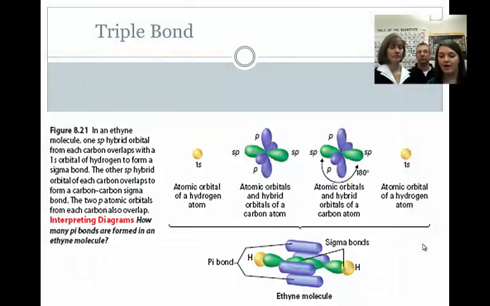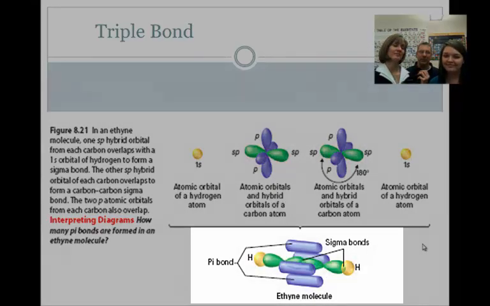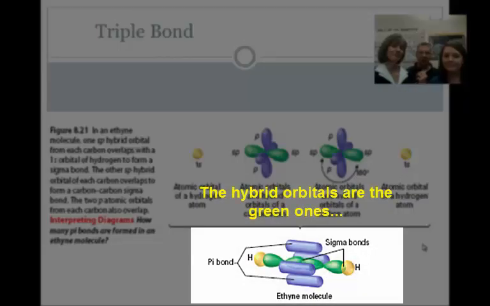It's very difficult to imagine in three-dimensional space, but you have the hybrid orbitals reaching across towards each other, forming a sigma bond, and then that sigma bond actually takes up all the space along the bond axis.